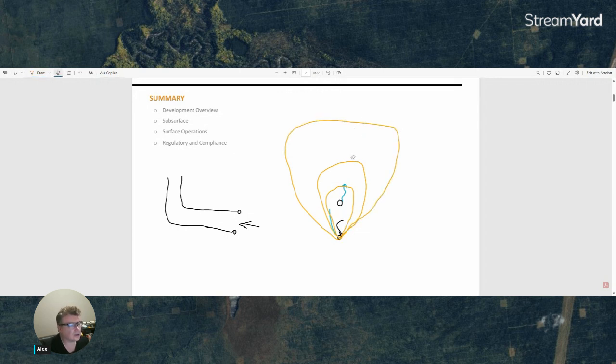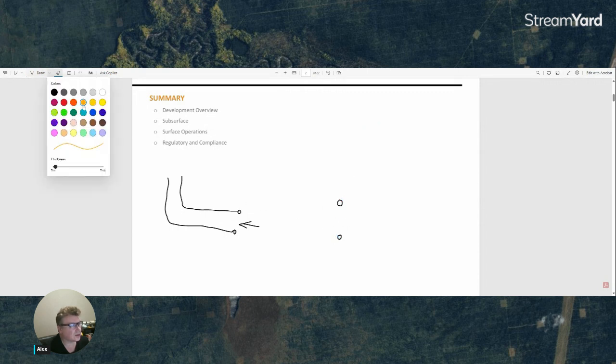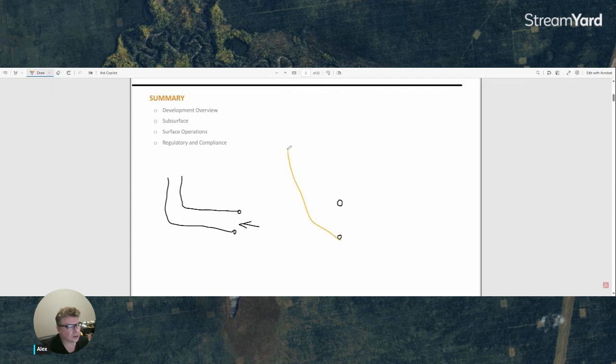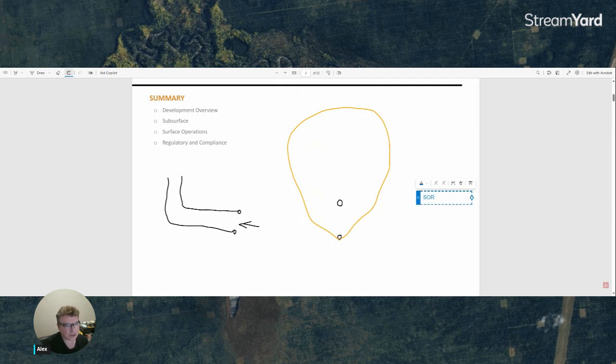Then we talked about some of the challenges associated with the recovery scheme, where you could see a scenario, in most cases, with a concept called SOR, steam to oil ratio.